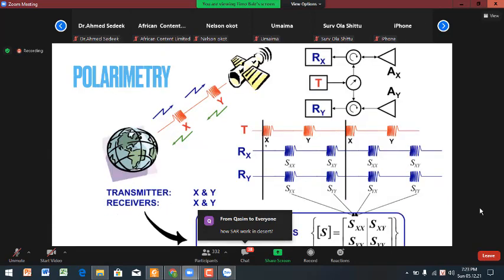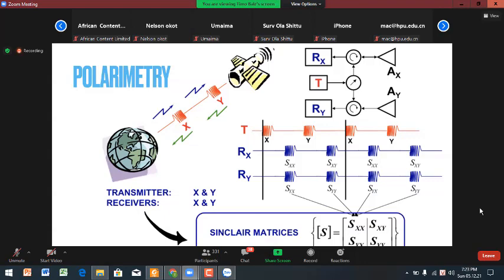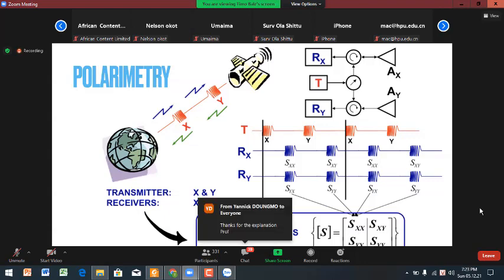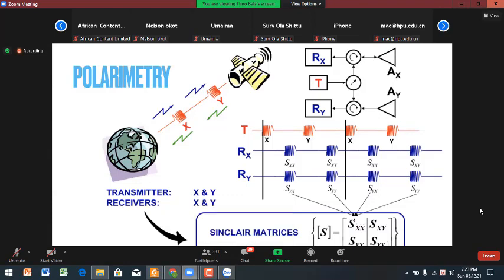And in polarimetry, the goal is to really analyze that. And I use here then the Sinclair matrix down here, where they use a bit different letters. They use here XX and YY instead of HH and VV.